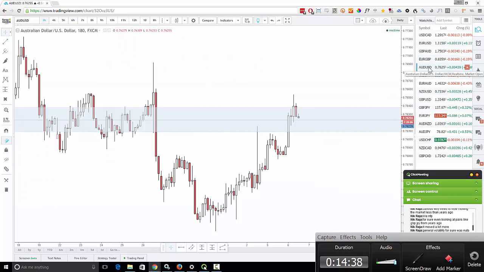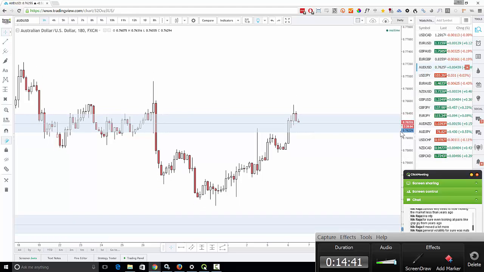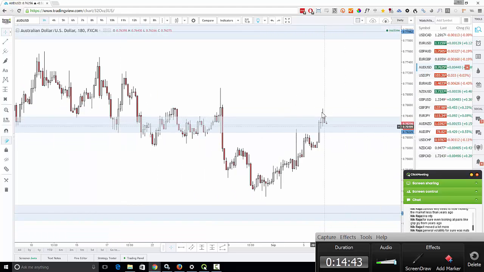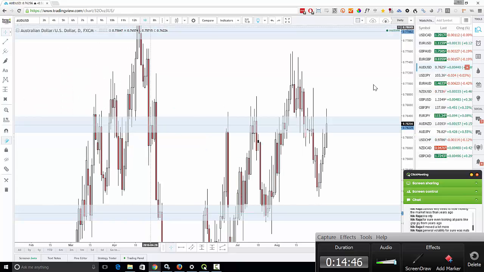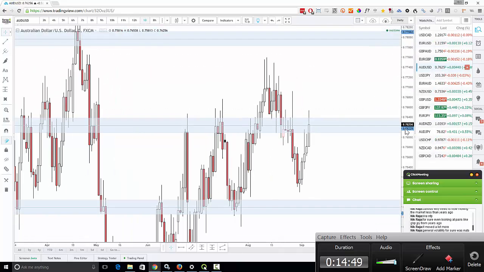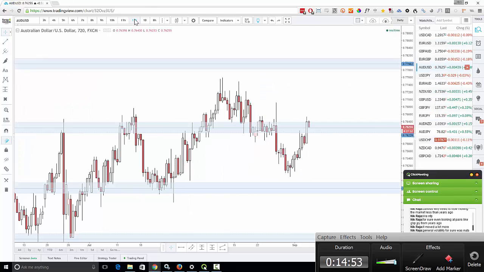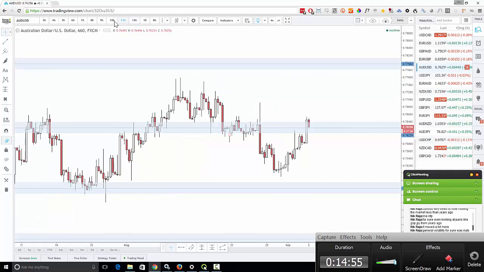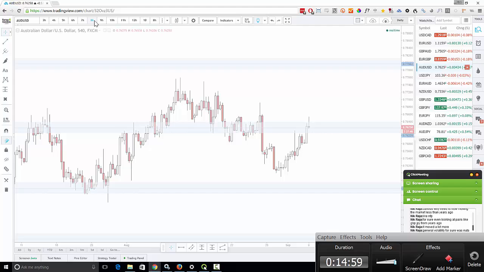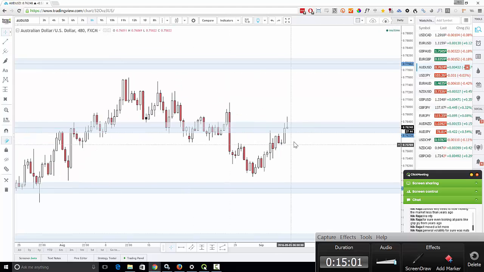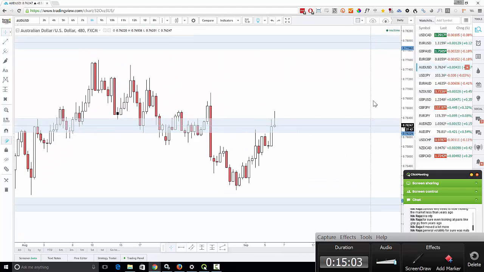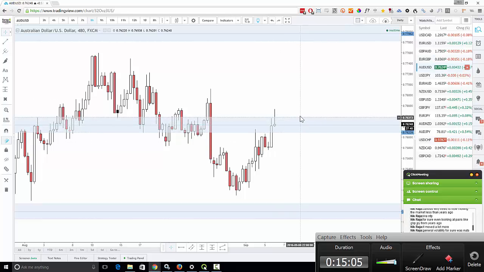AUD USD. What's going on here? Ooh, what's going on the lower time frame there? It looks like maybe on the 12-hour or the daily. No, not on the daily. Maybe on the 12-hour, but let's drop down a little lower and see what's all right. Now that's looking quite nice.